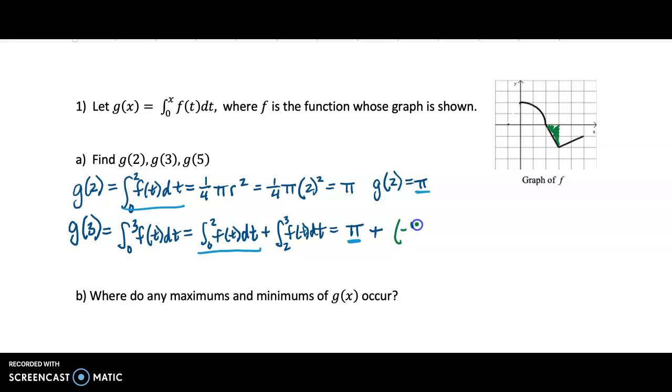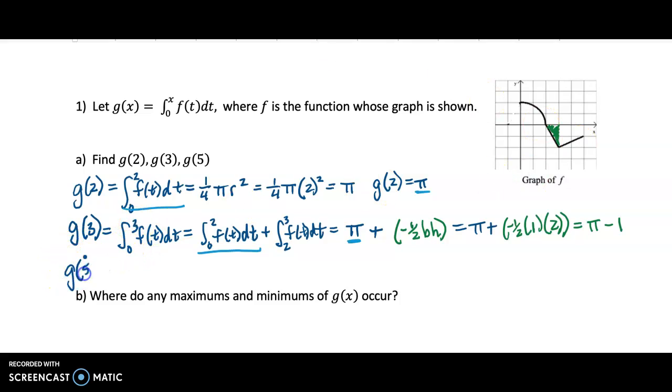And that's a triangle, so we've got 1/2 base times height. So then we're going to have pi plus negative 1/2, my base is 1, my height is 2, so the final answer there is pi minus 1. So that's the area under the curve from 0 to 3.